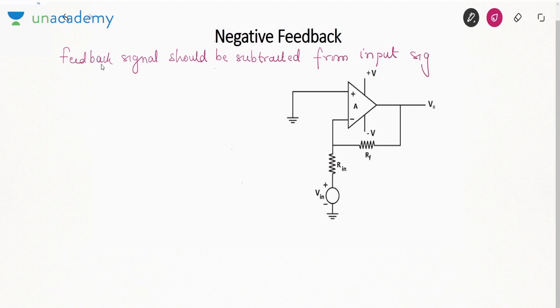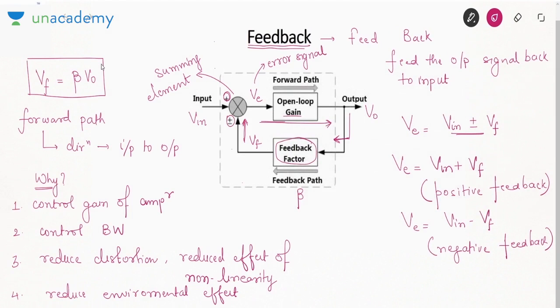Sometimes this input signal is also called the reference signal. So we want that the feedback signal should be subtracted. Now, when it is subtracted, I told you the error signal is input voltage minus feedback voltage. So this error signal is reduced due to VF.